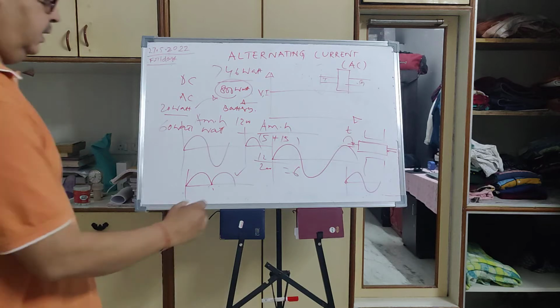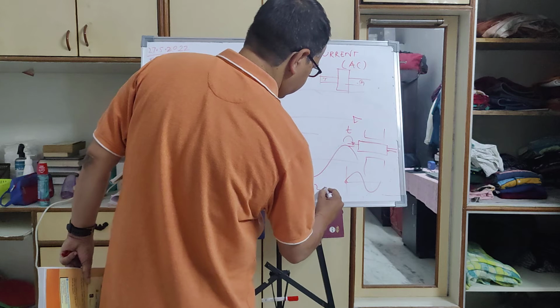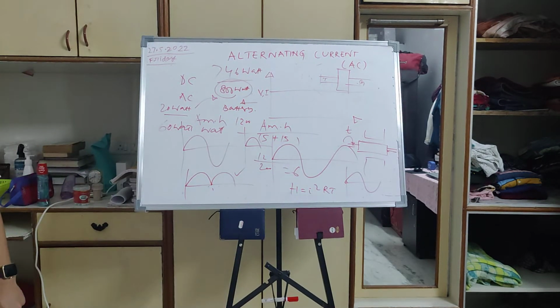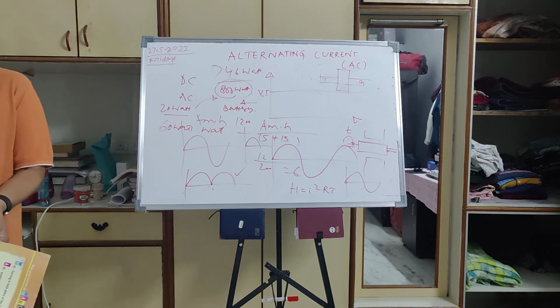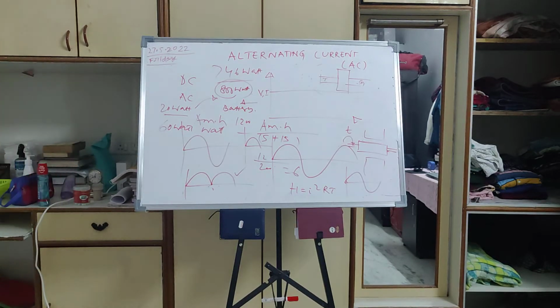Heat loss is equal to I squared R T. If you are able to reduce the current I, the heat loss will reduce because it is directly proportional. So we use different types of transformers: step up transformers and step down transformers.